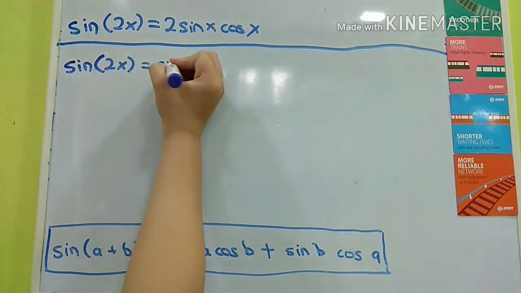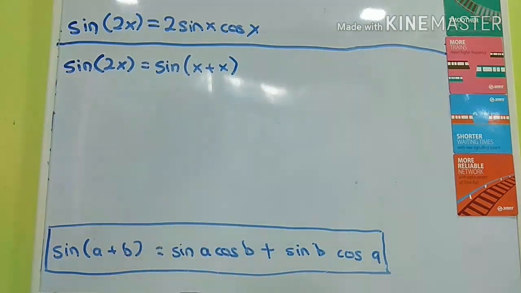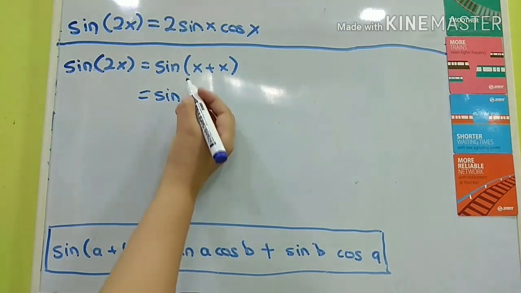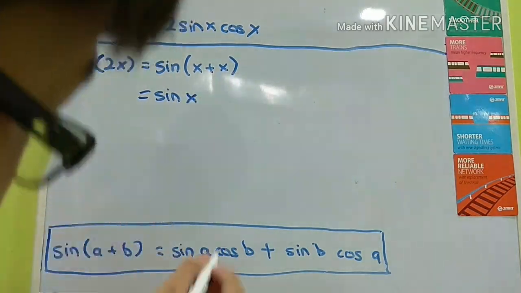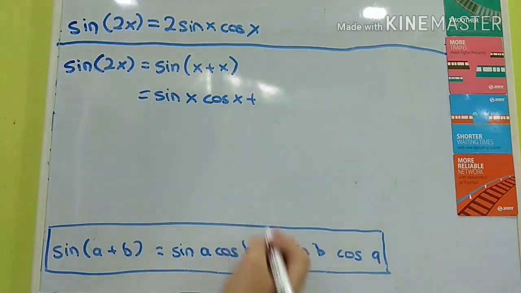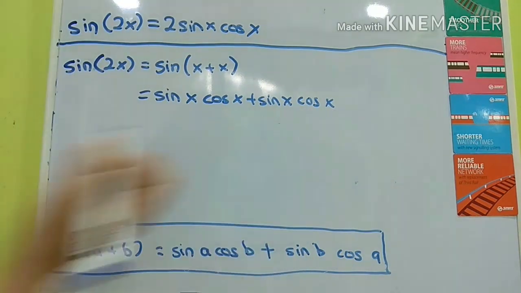I'm gonna rewrite it as sine of x plus x. Now, I'm gonna plug in the a's and b's, and thus it gives me the sine of a, which is x, cosine of b, which is x, plus the sine of b, which is x, cosine of a, which is x.